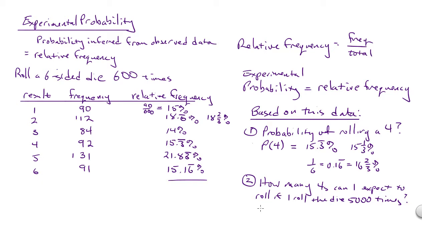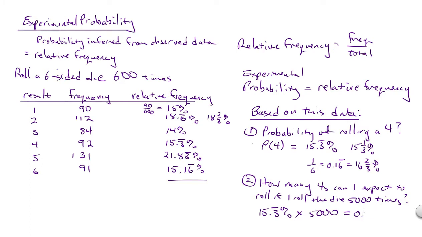So you could take 15.3 repeating percent and multiply that by 5,000, since this is a fraction of a whole. Multiply this by our new whole, basically, and you'll get the part. And so you'll want to convert 15.3 repeating percent to an actual decimal before you do too much work with it.